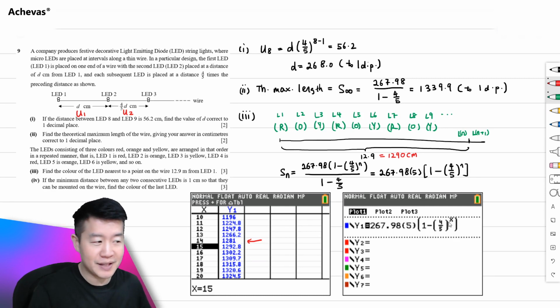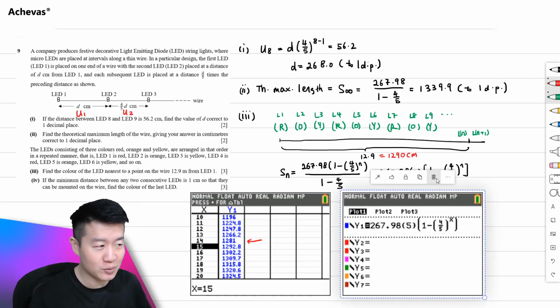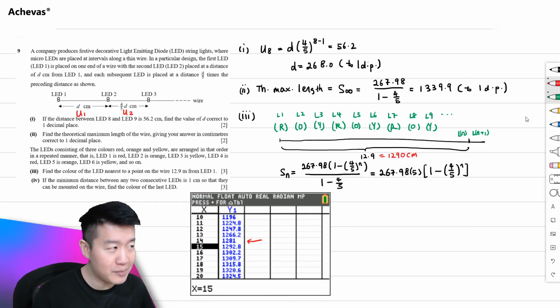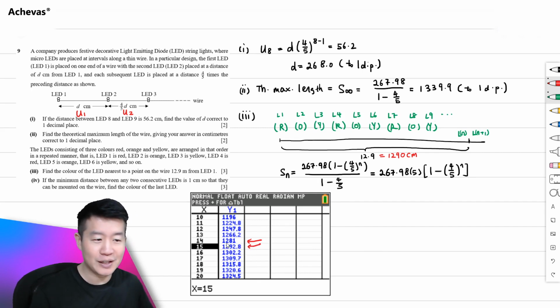So X represents n and Y1 represents the total distance. After I generate the table, I'm interested in these two numbers here. I'm interested in when the total length is 1281, because it is very, very close to this.